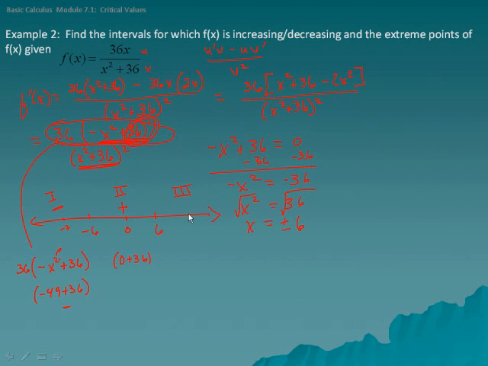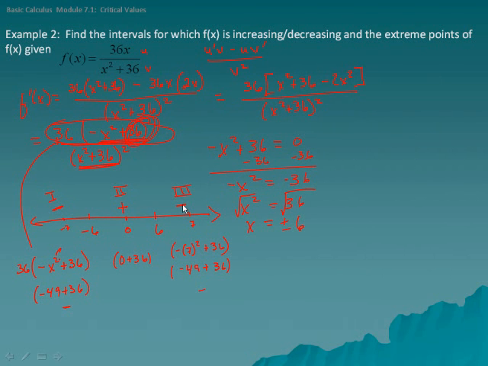At 6, let's say we plug in 7 here. So that would be negative quantity 7 squared plus the 36, which would be negative 49 plus 36, which will give me a negative value. So here we have another change.